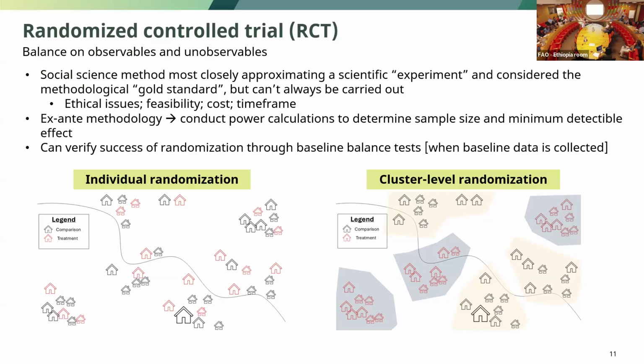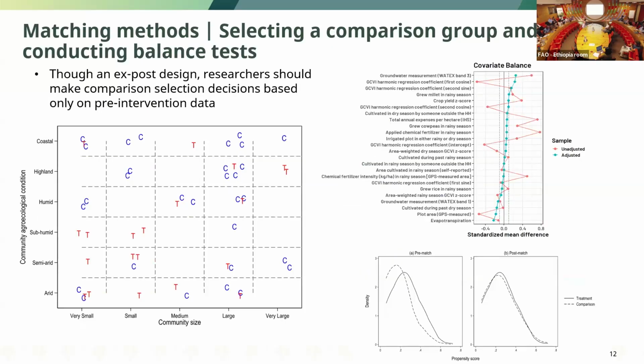You're randomly assigning households into treatment or control, as shown in green and red, or alternatively, where that level of randomization happens at the village level. And so depending on which village or cluster a household is in, they inherit the treatment status based on that higher level geographic unit.